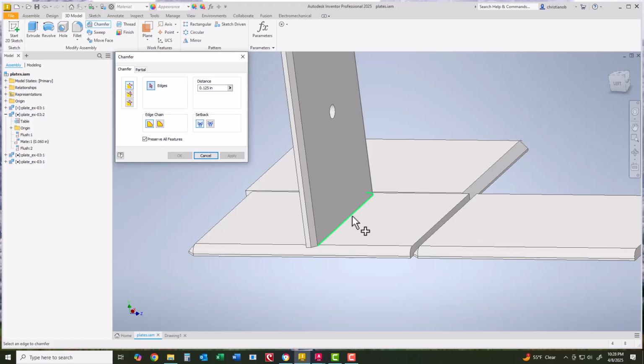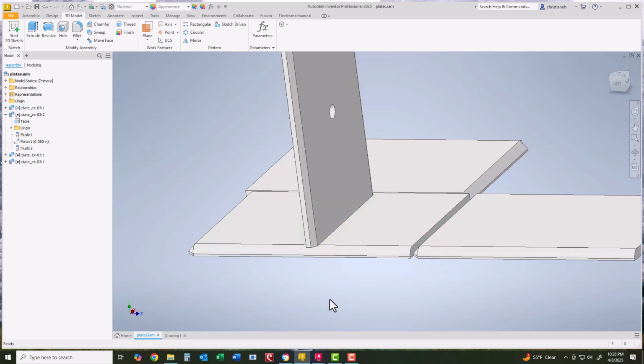The chamfer would end up looking like this, so I'm not going to do it. What you need is an angle. You need a triangular piece here that projects out here would be a fillet weld.